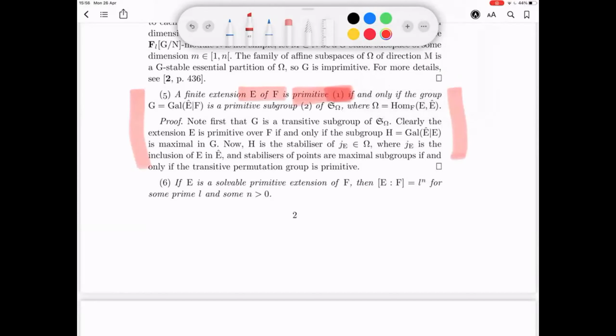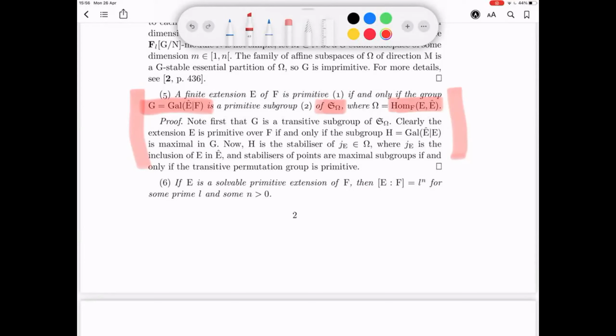It's primitive in that sense of not having any intermediate extensions if and only if the Galois group of E hat over F, which is always a subgroup of S omega, acts on the set of all F embeddings of E into E hat.